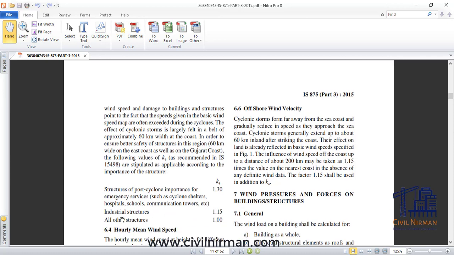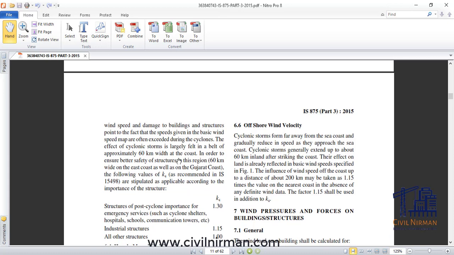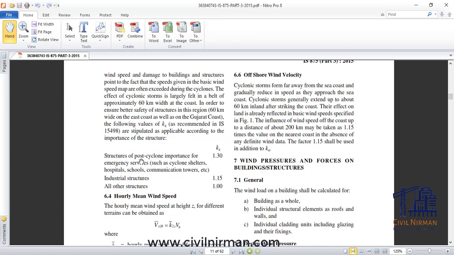For all other structures the K4 value will be 1, for industrial structures it will be 1.15, but if your structure is located in the cyclonic region, up to 60 km, your K4 value will be higher, that is 1.3.